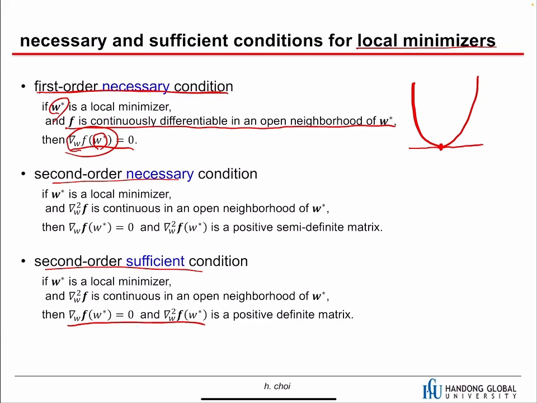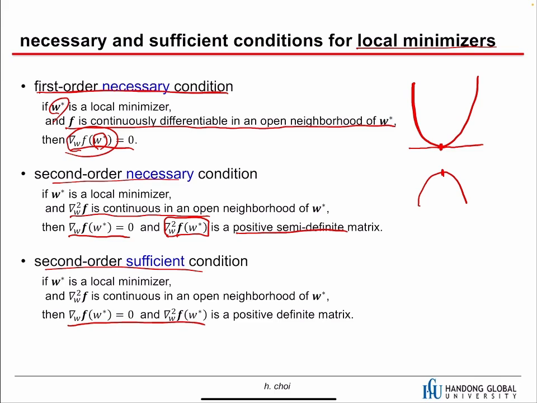The second order necessary condition says if it is a local minimizer and the second derivative is continuous, then the derivative of the function should be 0 and the second derivative should be positive semi-definite. So the derivative of f is 0, and if the second derivative is negative, then it could be like this, and this is not a local minimum.